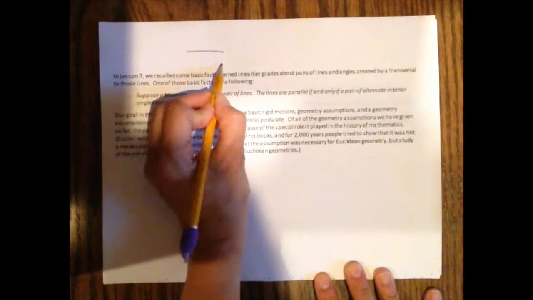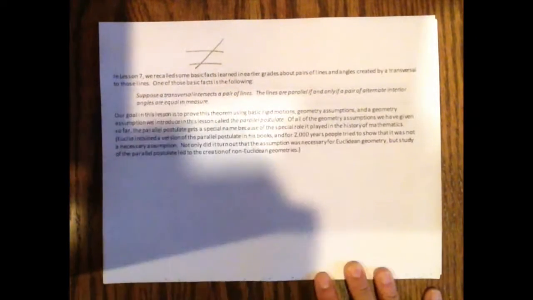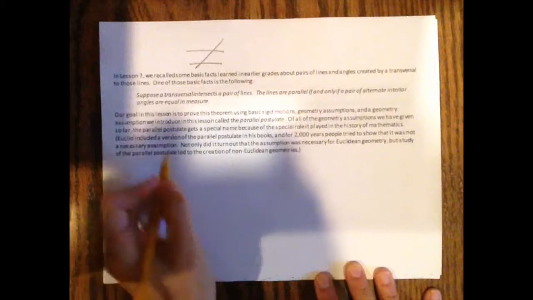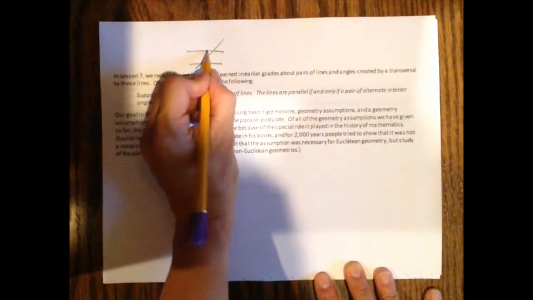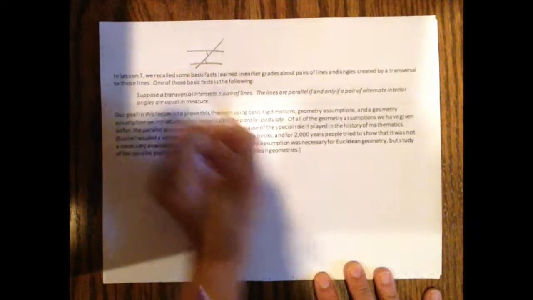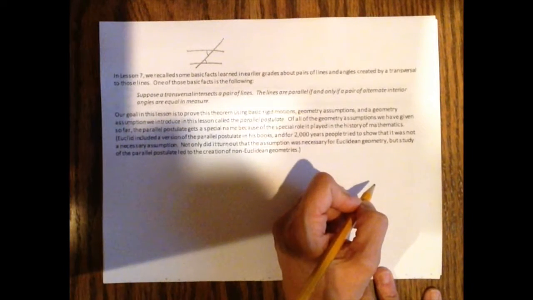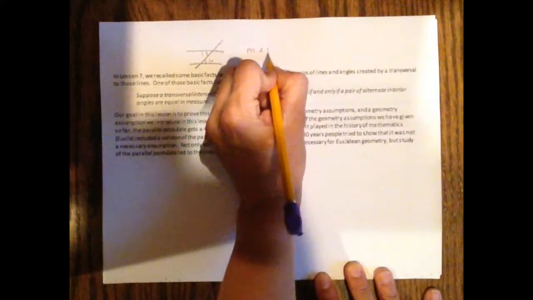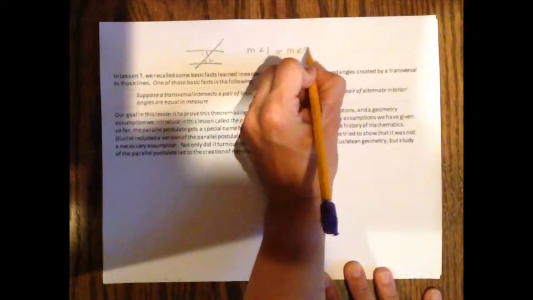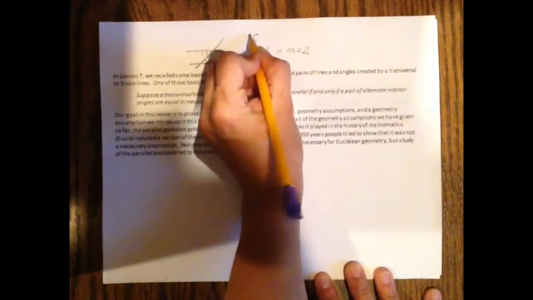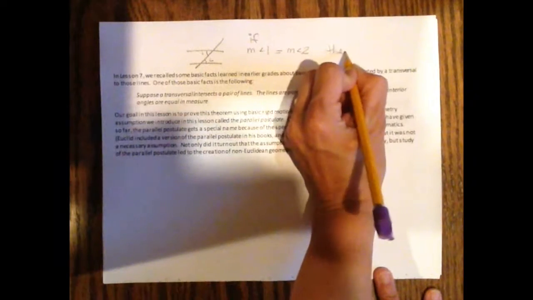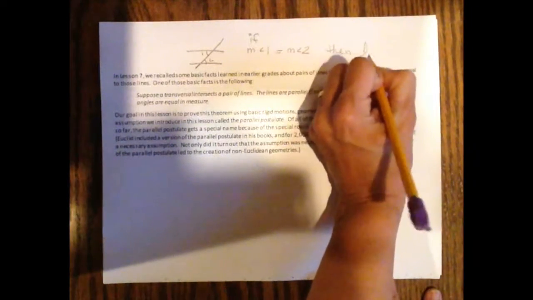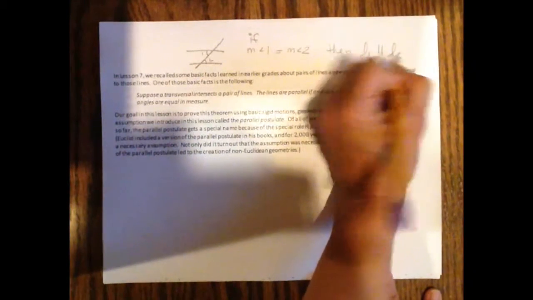So we'll label them. If the measure of angle 1 is equal to the measure of angle 2, then line 1 is parallel to line 2.